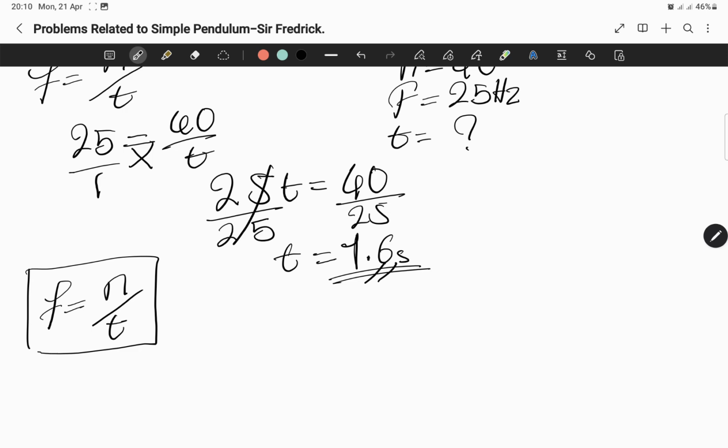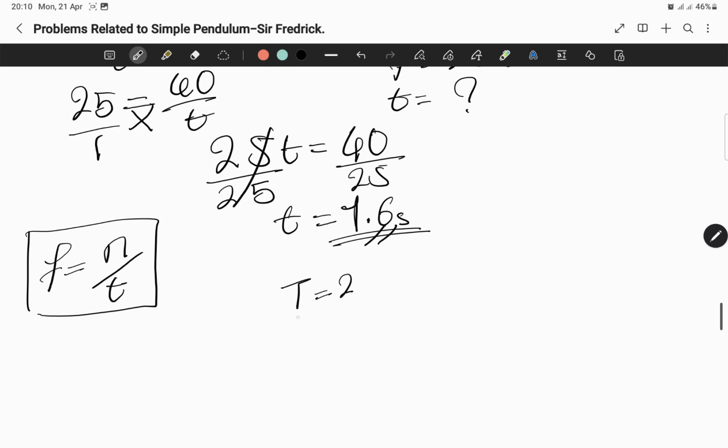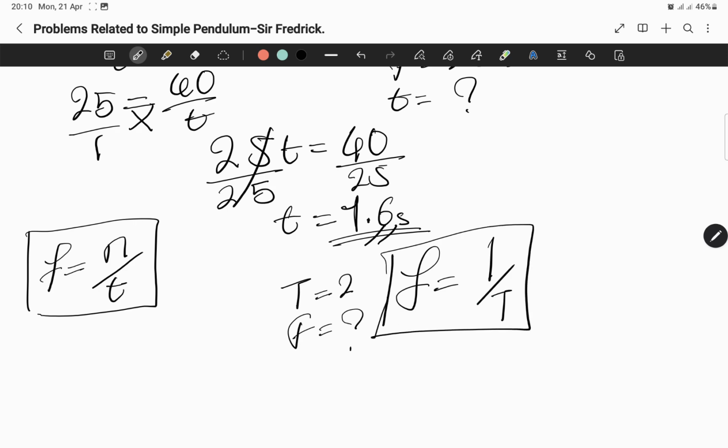If the question has not given you number of swings or oscillations, but they have given you period, or you've calculated period, and they have asked you to look for frequency, always assume that you should have at least one complete swing. So the formula used is going to be 1 over period. This formula is used when they haven't given you the number of oscillations.